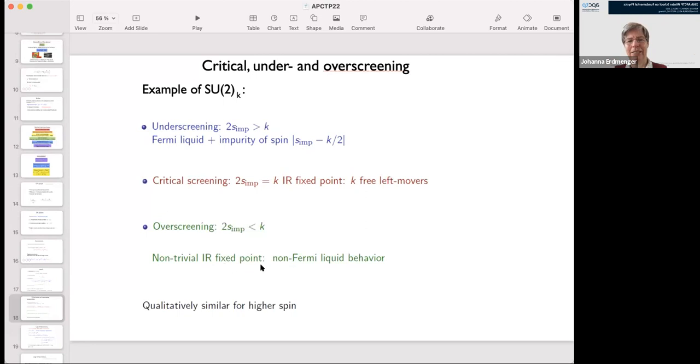Okay, so these are three different behaviors that we have to keep in mind can exist. But I think they can all be studied with these conformal field theory techniques. So I just wanted to introduce these terms: critical, under, and over screening.